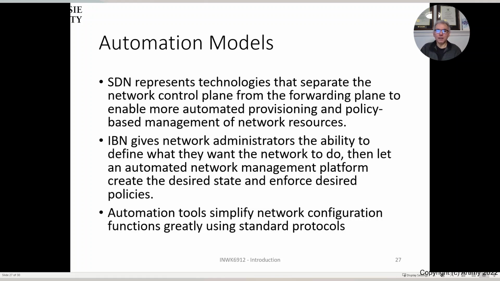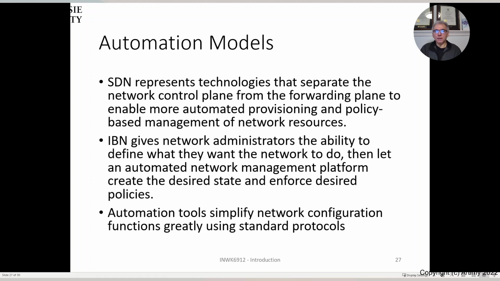But now networks became very large, and managing the hardware using the CLI becomes exhausting and full of errors, and it's not practical. So we need a different approach.